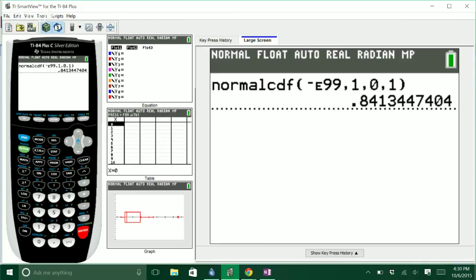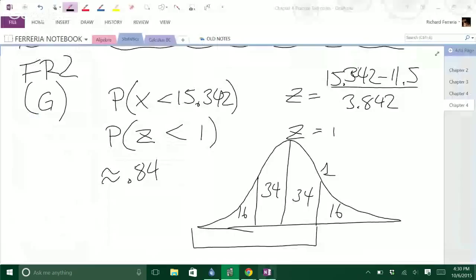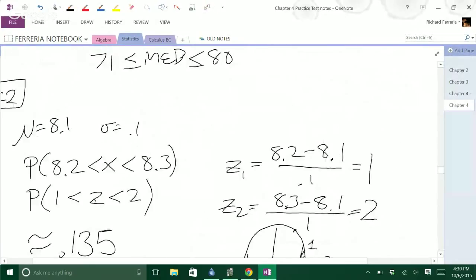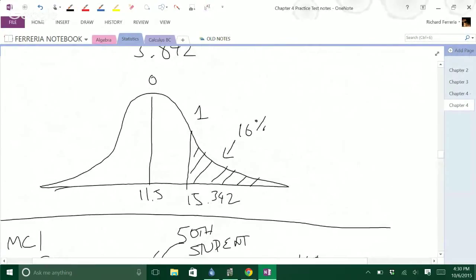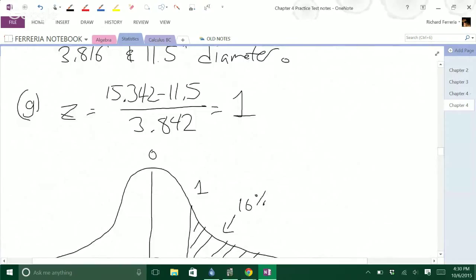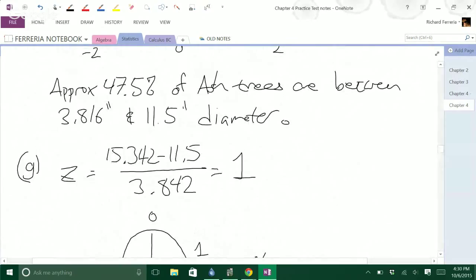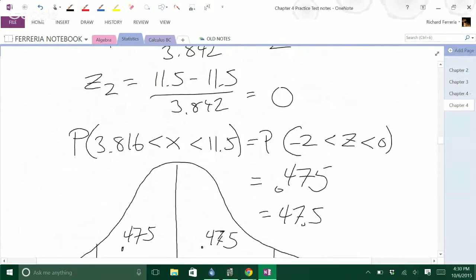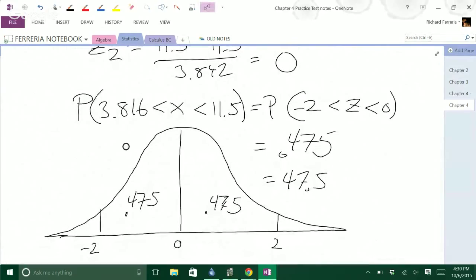And then for F, it says what percent of ash trees have a diameter between 3.816 and 11.5? Why is it only 47.5%? Let's get to that one. Here's F. Between 3.8 and 11.5, that's a Z-score of -2 and 0, right?